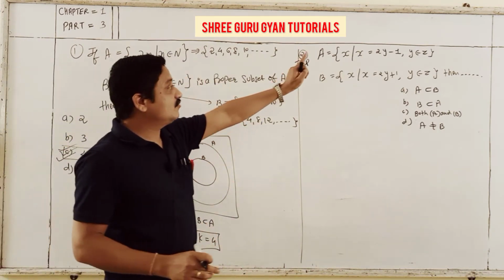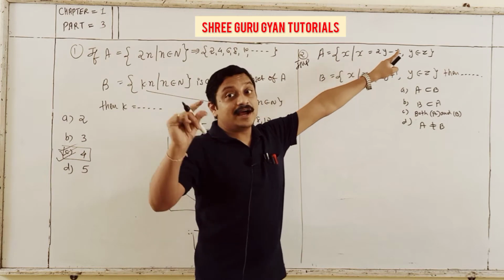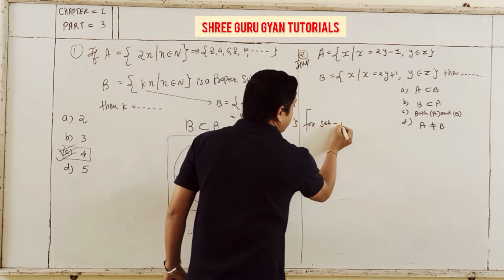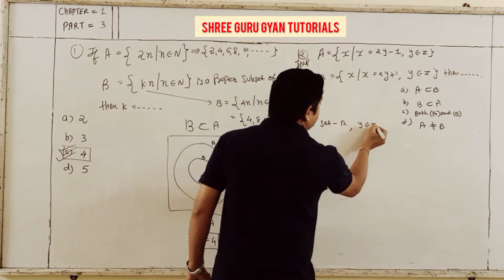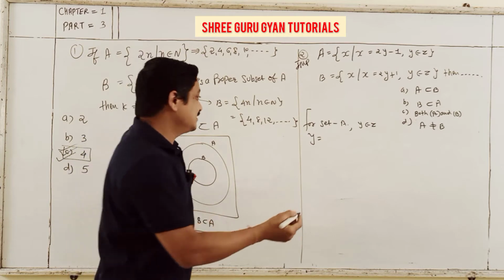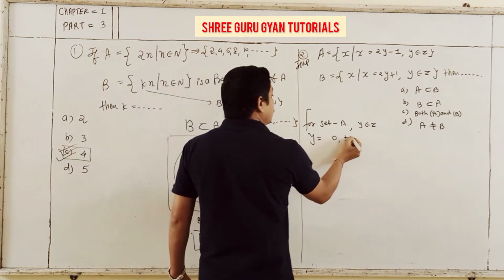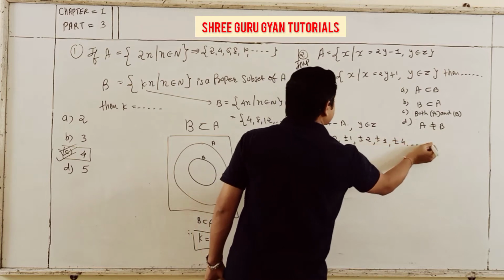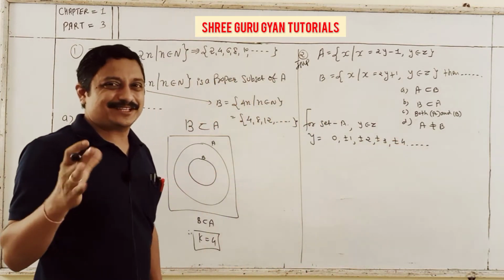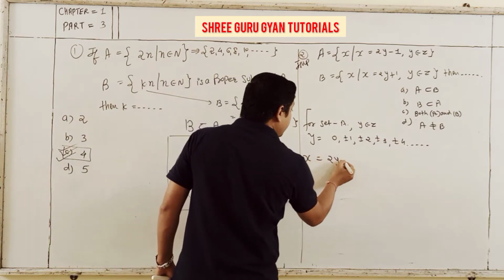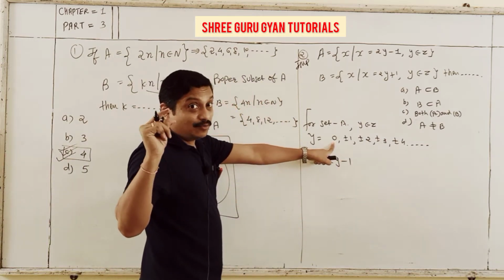First I take set A, where y belongs to Z. Z is the set of integers, you know, students: 0, plus minus 1, plus minus 2, plus minus 3, and so on. I start with x equal to 2y minus 1. Start putting values of y.